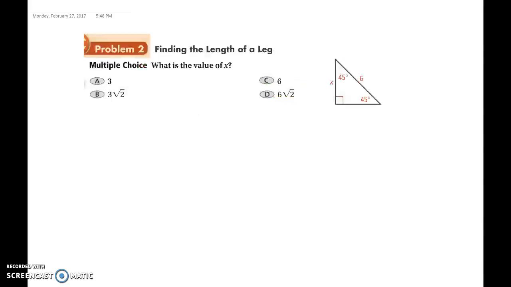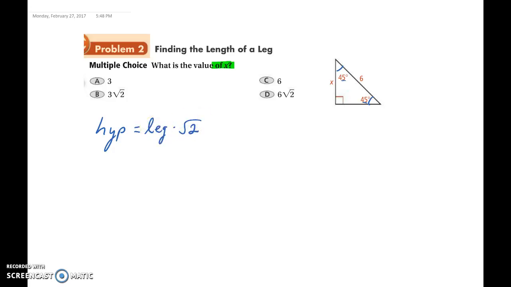All right, so there's one more example that we're going to do in this video, and then that's it. So then the last example is, what is the value of x? All right, so we just want to know what the value of x is. So once again, we know that it's a 45, 45, 90 triangle because they give us the degrees. They could also say here that the angles are congruent. But now we know our hypotenuse, since it's 45, 45, 90, is equal to our leg times the square root of 2.